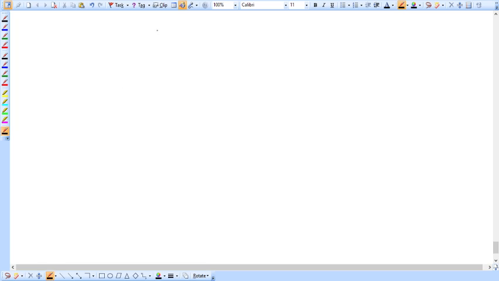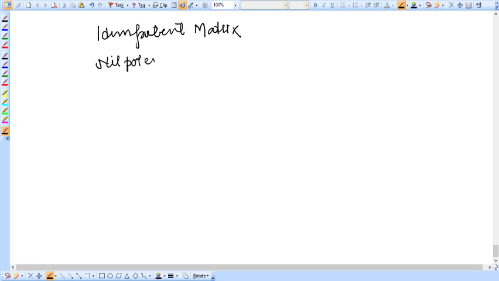Now, four types of matrices: idempotent, nilpotent, involutory matrices.